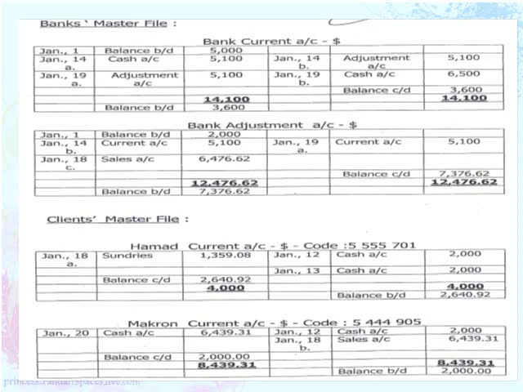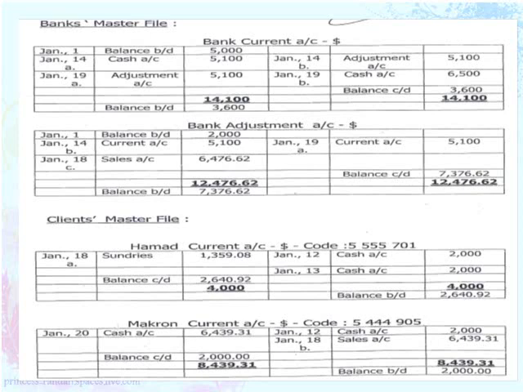Then in the same way, the seller, whether we call him Holland or Macron, it doesn't matter, there was a deposit by him in the amount of $2,000. The sales revenue also is credited to his account.